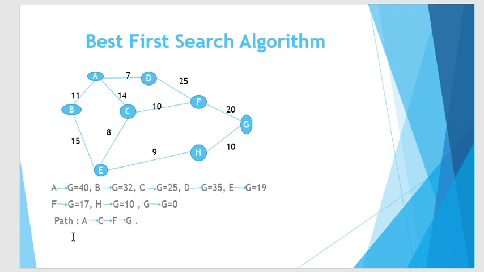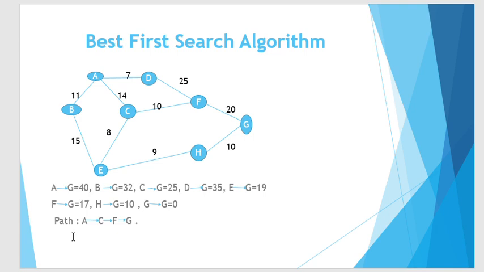So the straight line distance from A to G is 40, B to G is 32, C to G is 25, D to G is 35, E to G is 19, F to G is 17, H to G is 10, and G to G is 0. Why is G to G 0? Because G is the goal node.